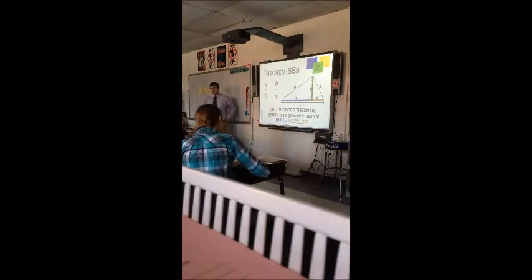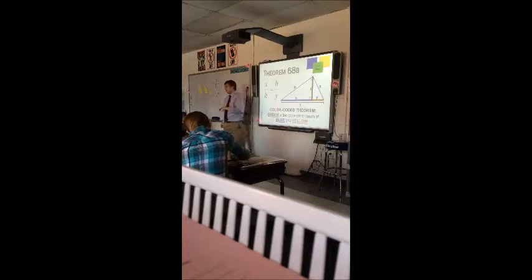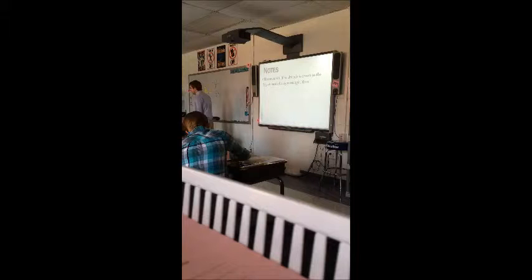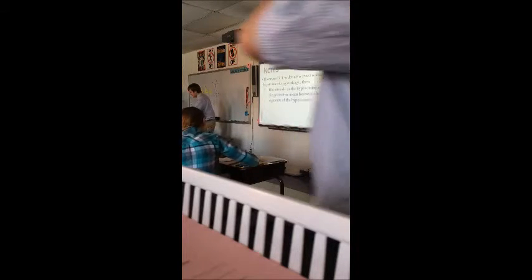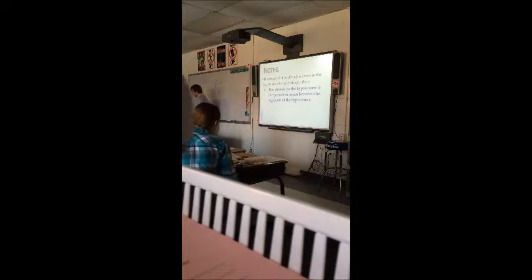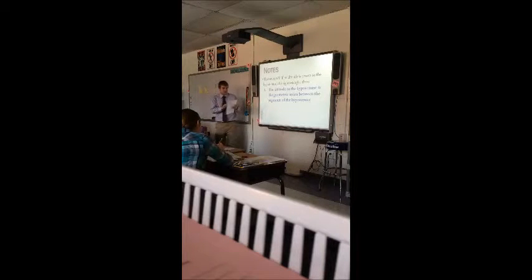So this is an informal definition of theorem 68 part B. The more formal definition of the theorem is this. And just so you guys know, this is going in part B of our notes sheet that we got on Friday.